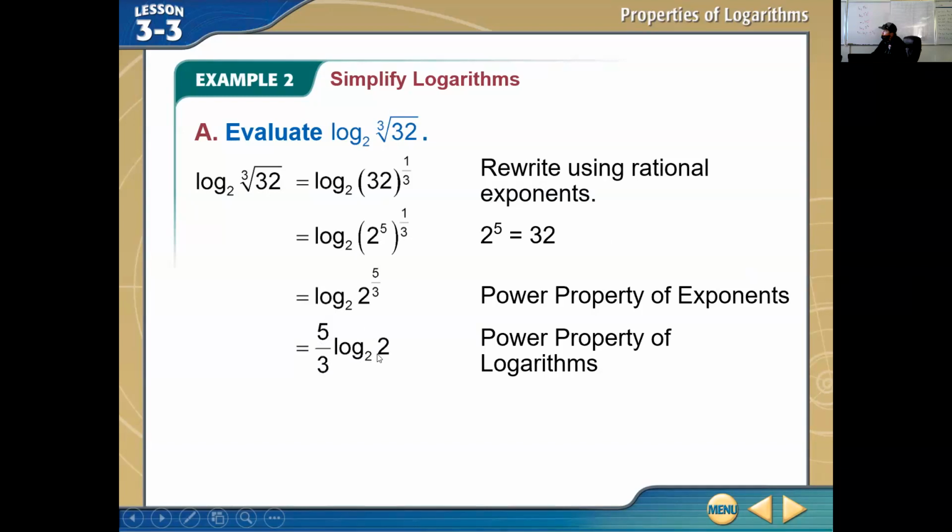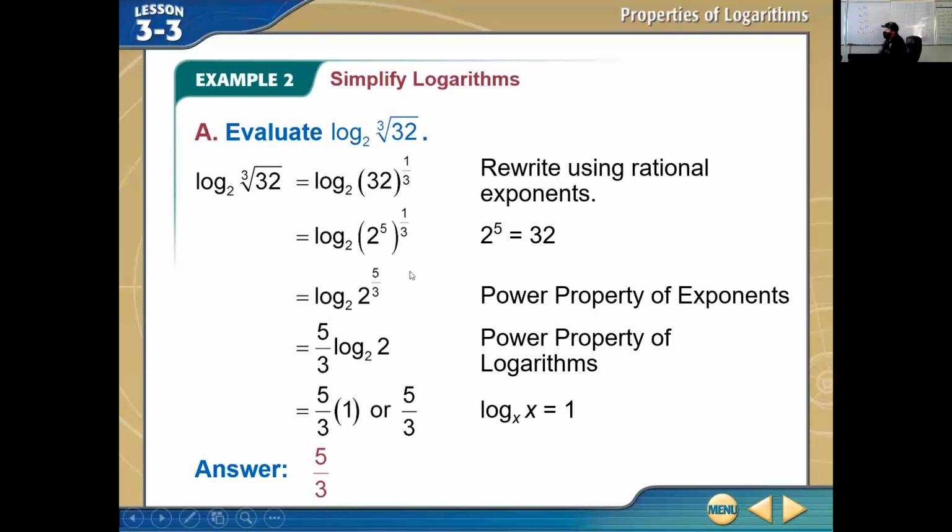The log base 2 of 2 is 1. So 5/3 times 1 is 5/3. That's our answer, 5/3. So you can see how these properties interwork. It's not the most difficult process, it's different. So we have to pay attention and be very detailed as we're going through this.